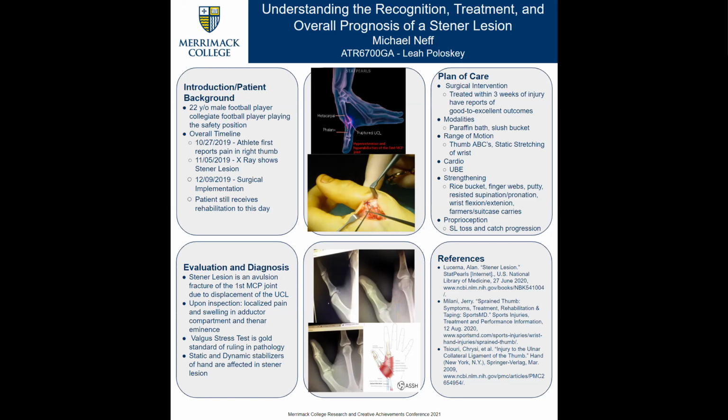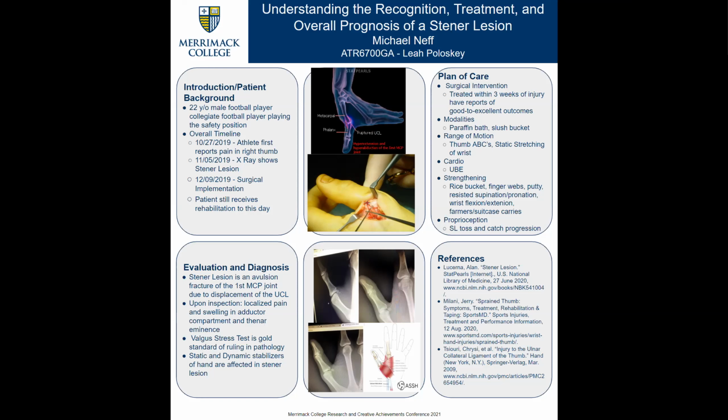So when it comes to the evaluation and diagnosis of a Stener lesion, we have to know a little bit about it. First, the overall pathology. The common name, Stener lesion, is a progressed pathology from gamekeeper's thumb, also known by the medical terminology as an avulsion fracture of the first metacarpophalangeal joint due to displacement of the UCL, or the ulnar collateral ligament of the thumb.